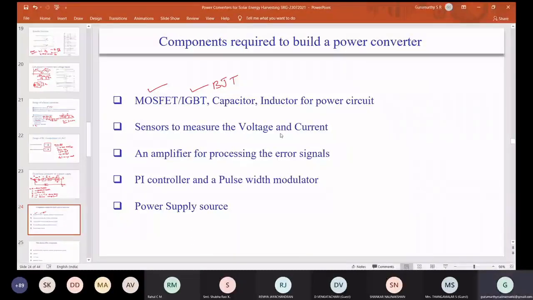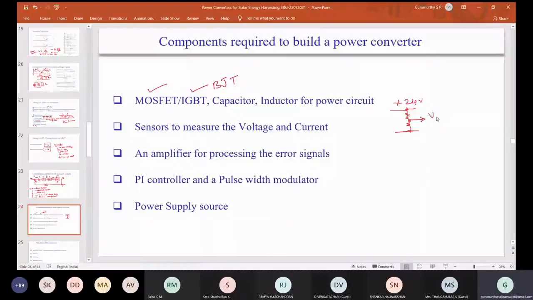So sensor means it is not a very great thing. Suppose you are using a small voltage, suppose your DC bus voltage is 24 volts. So what is the simplest voltage sensor? Just a resistor. So this you can take as a voltage feedback. Suppose 24 volt is there, and you need 2.4 volt.